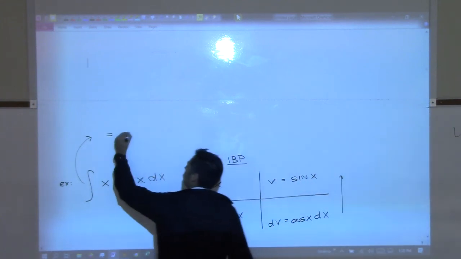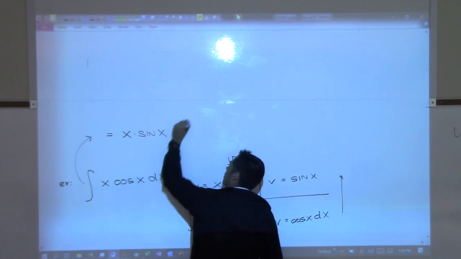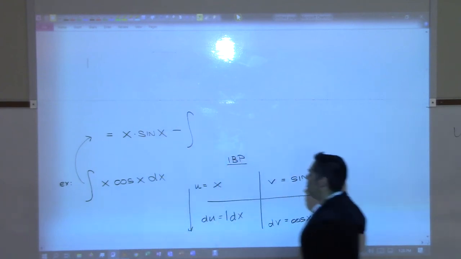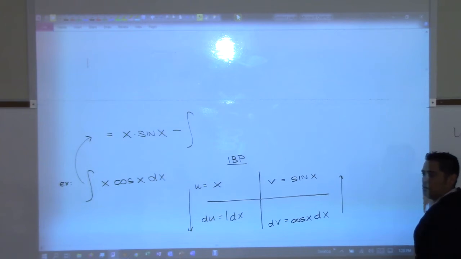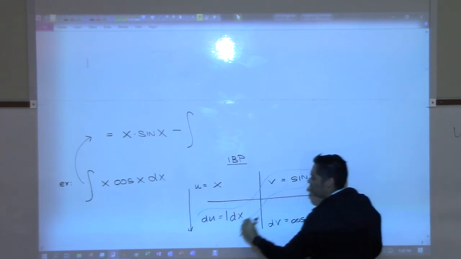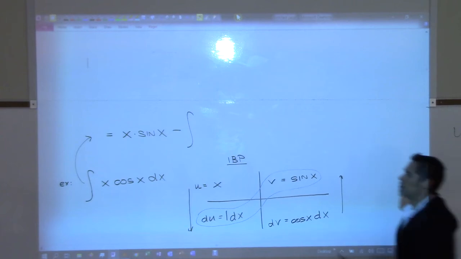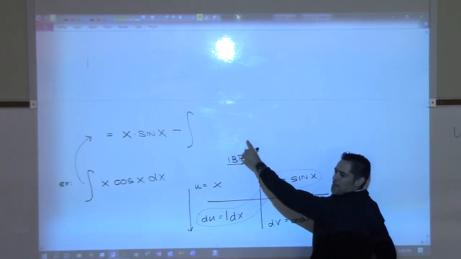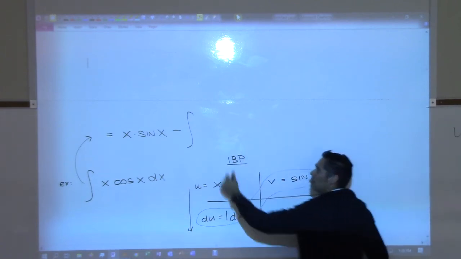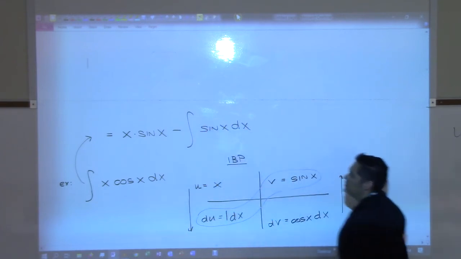So this is going to be x times sine x, right? Okay, minus the integral. And now I'm going to do voodoo, which is this one times this one. Those two multiplied. So what's that? Sine x dx. You see, if you don't put dx, then you're not going to put dx here. It's just bad notation. So sine x dx.